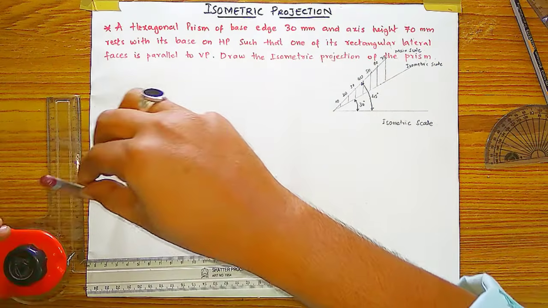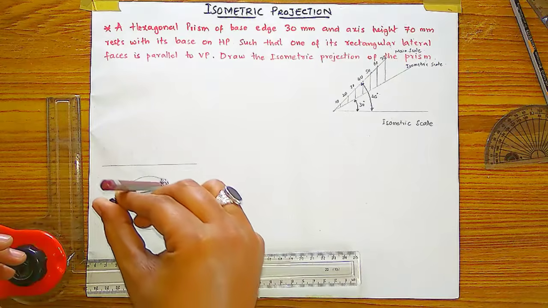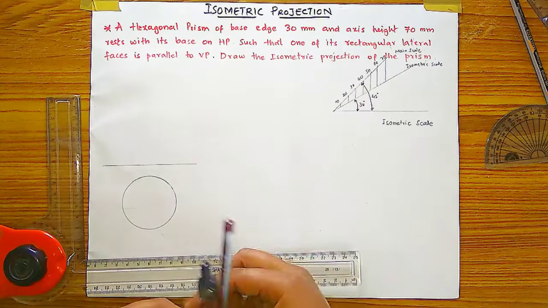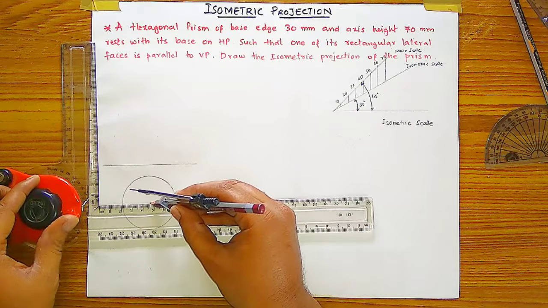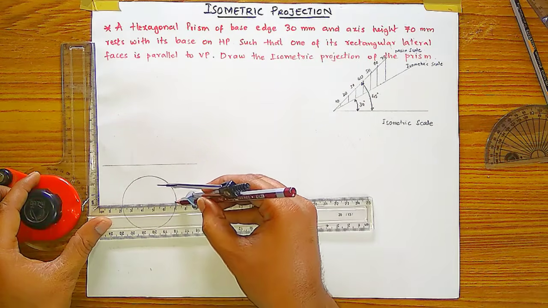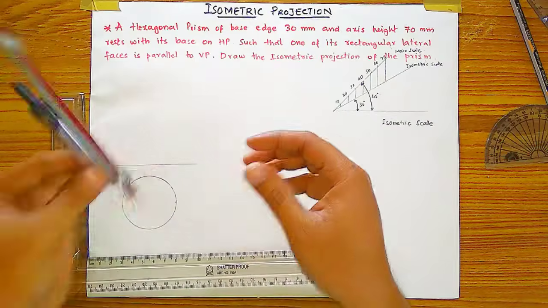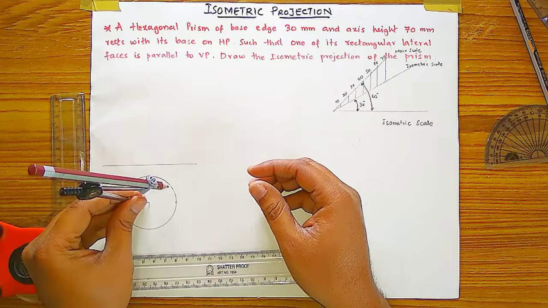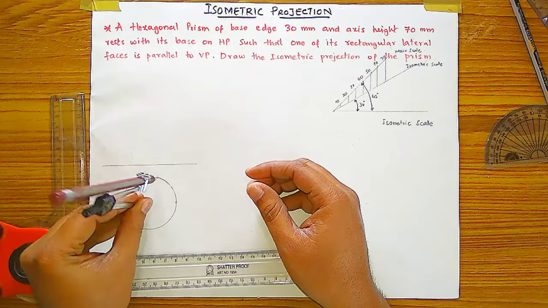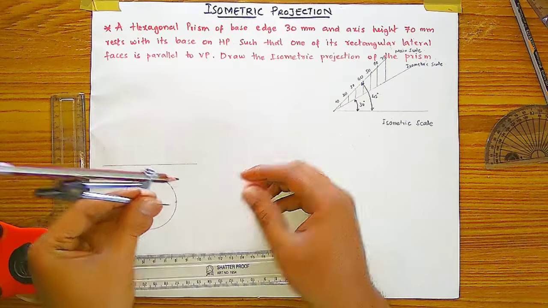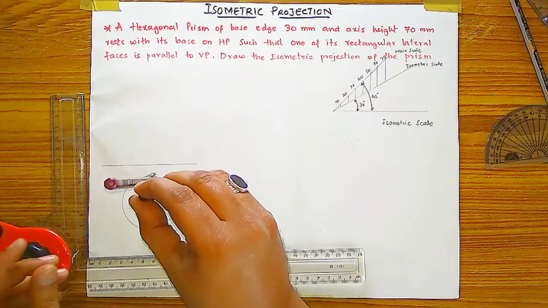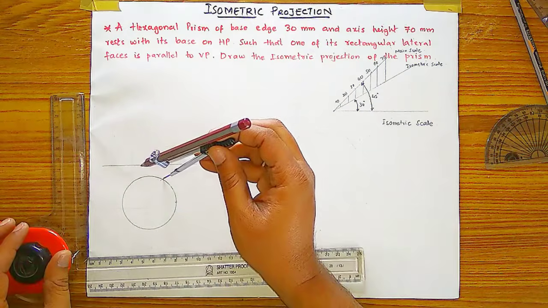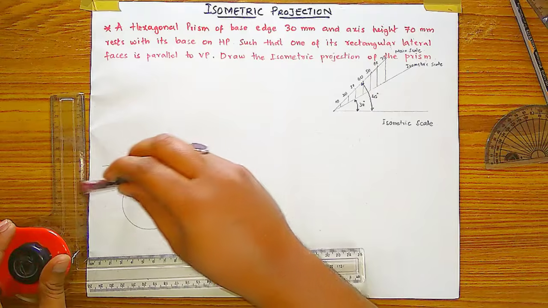By circle I am drawing the hexagon. First I will make a circle like this, then with this center, on the circumference of the circle I will take a line like this, and that dimension you take on the divider, the circle you have drawn, that dimension only on the divider you have to take the arcs like this, one by one on the circle.